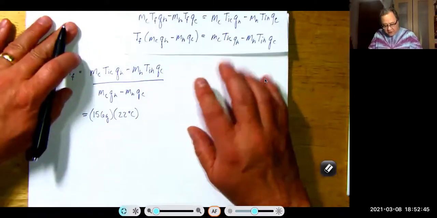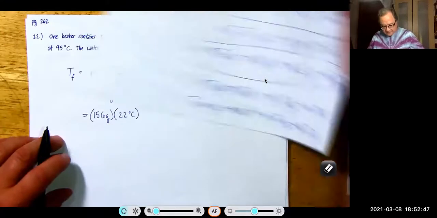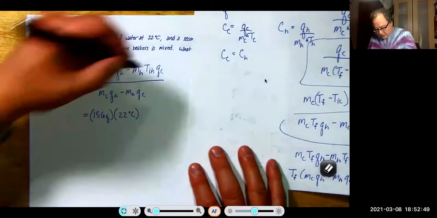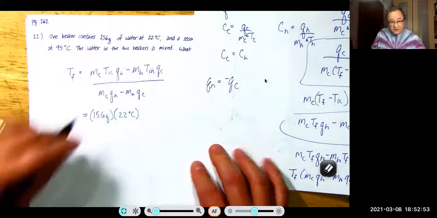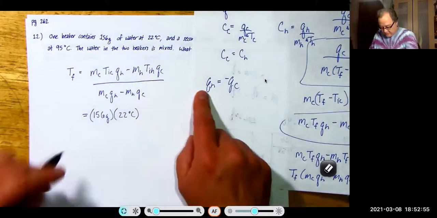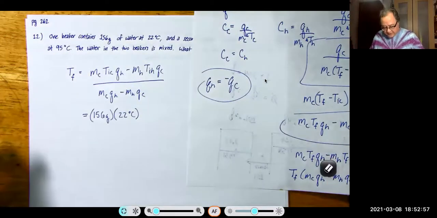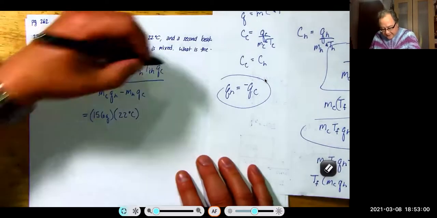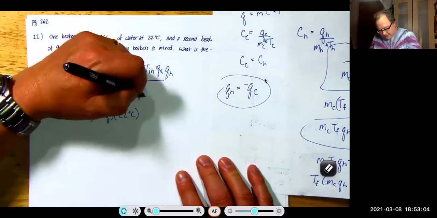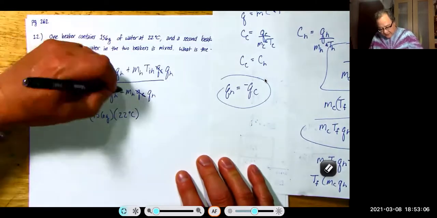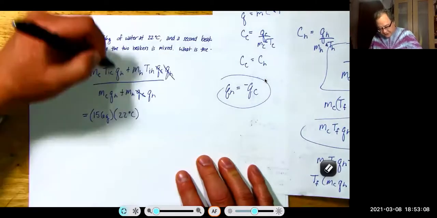Here's how we deal with the Q of the hot. The Q of the hot is equal to negative Q of the cold, or vice versa. So I can take this and make that Q of the hot and change the sign here. Take that, make that Q of the hot, change the sign there, and get rid of all these Q's.